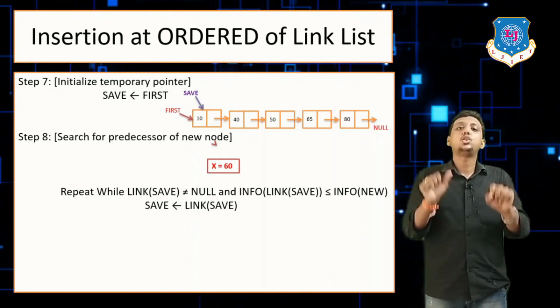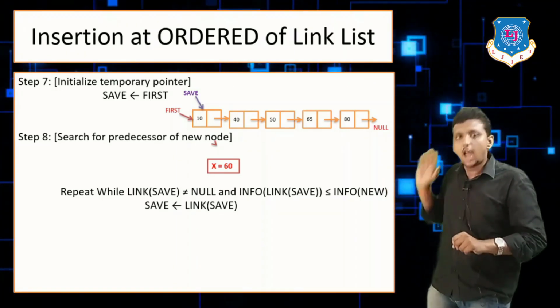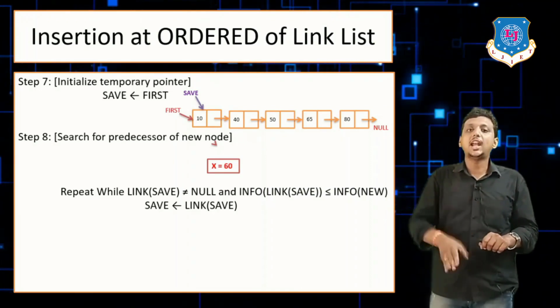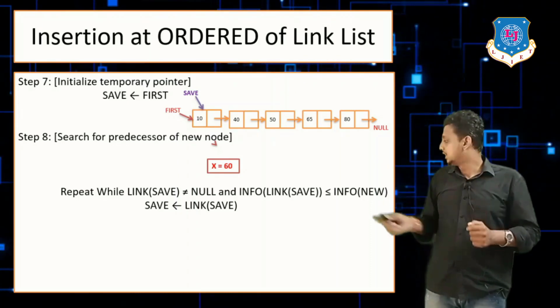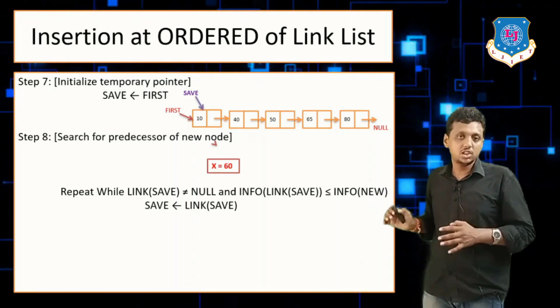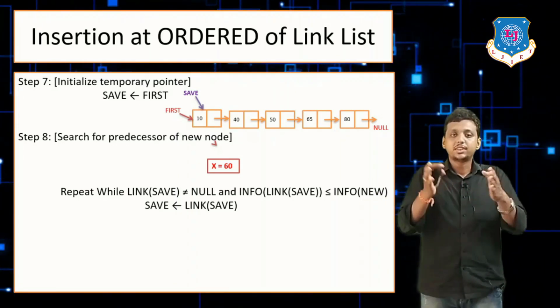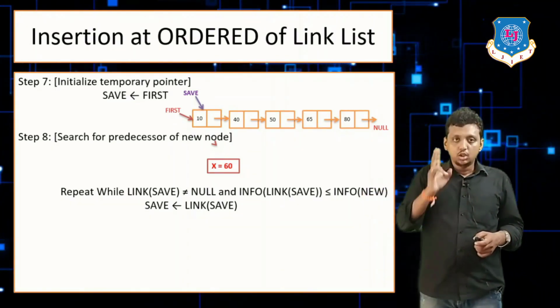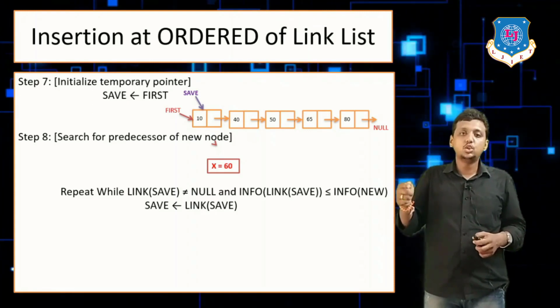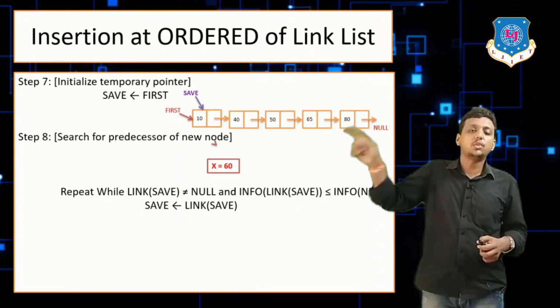Fine. I'm going to do the same thing over here. I'm going to stop my save pointer at 50. So how to do that? See, we just need to write the condition. The basic condition is repeat while link of save is not equal to null. See, in searching for this value, you should not move out of the linked list.